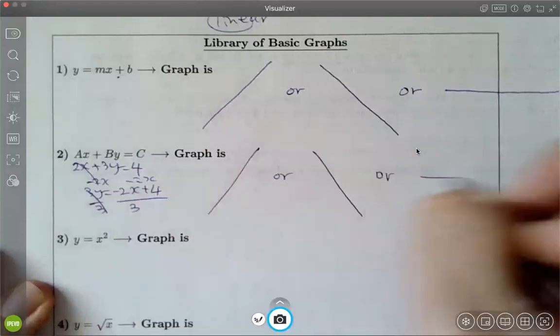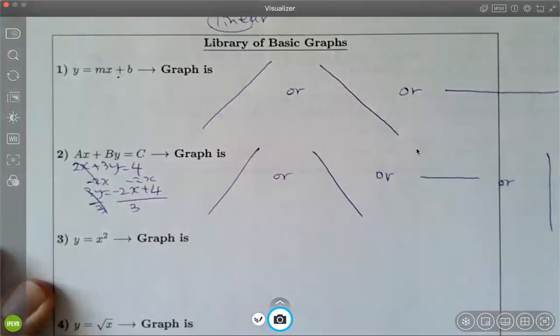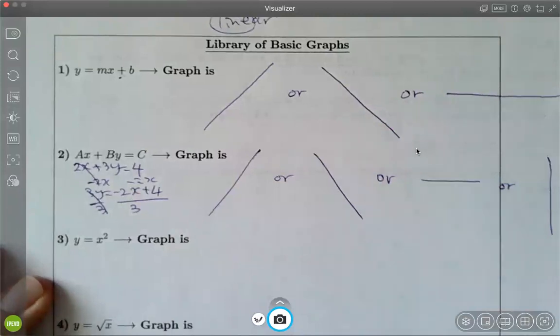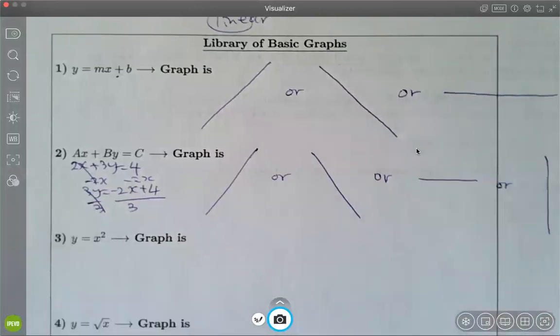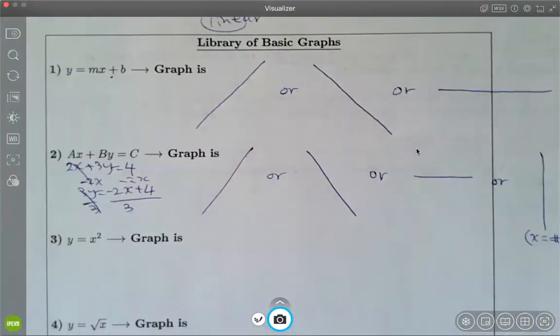And now, finally, we have this vertical line case. Now, why is the vertical line not part of this mx plus b? Because if you remember from your past math class, the vertical line has the representation x equals some number. Remember that?